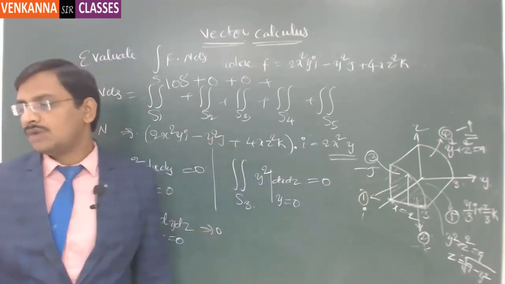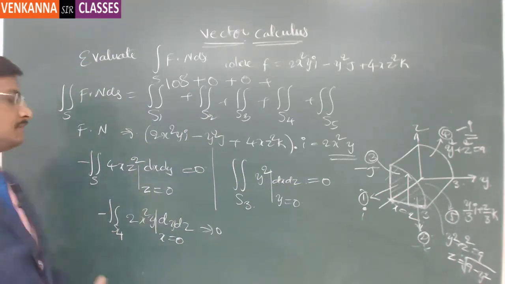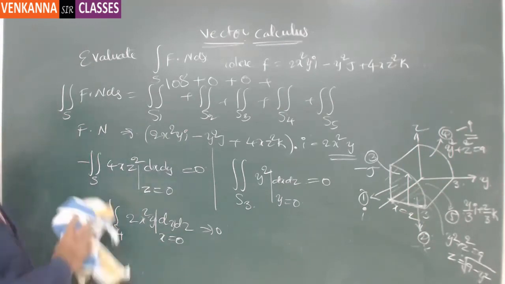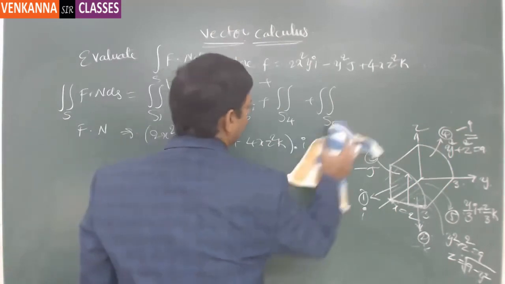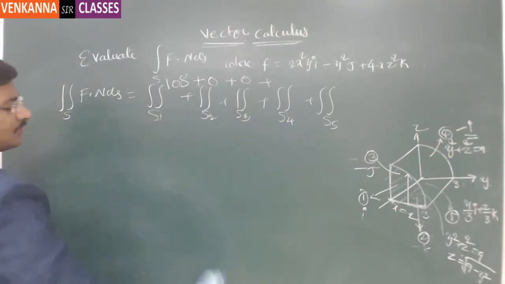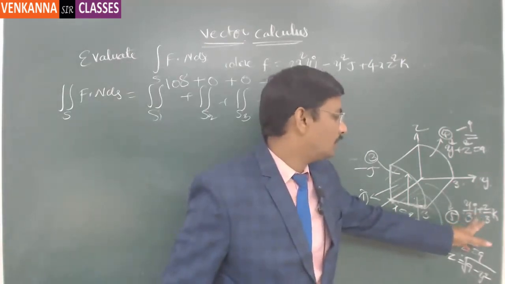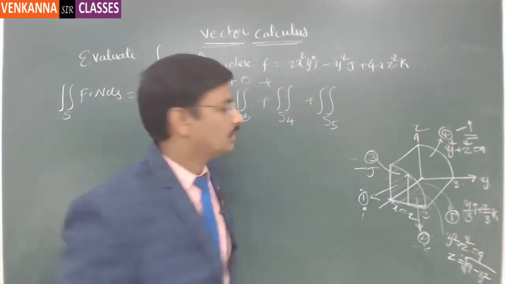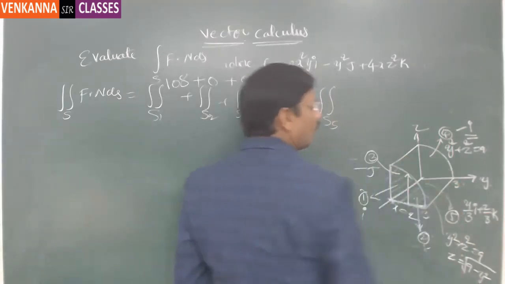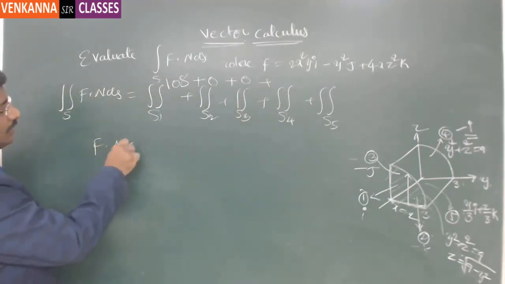Got it? Now for the curved surface, we have to take a different approach. Note it down. Now coming to the curved surface, the outward normal is coming out to be y by 3 times i, z by 3 times k. Now you have to do the integration over the curved surface, f dot n ds.